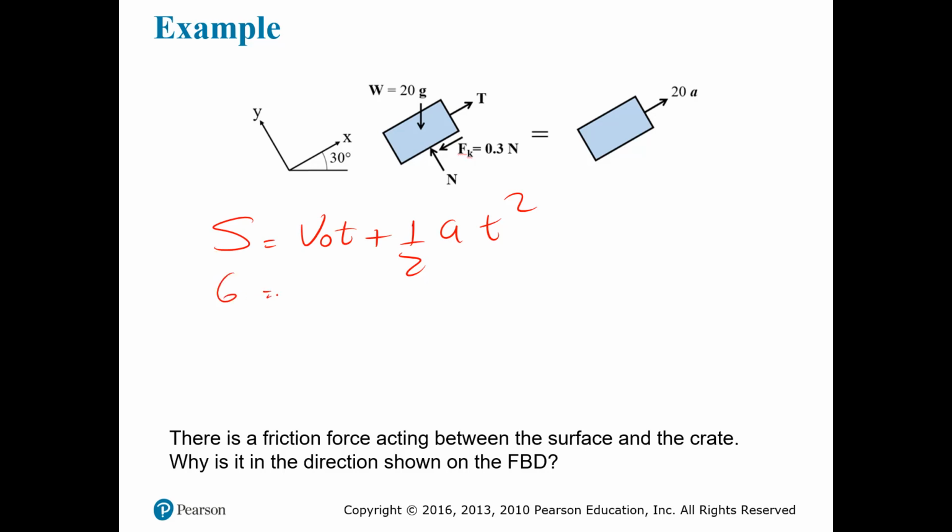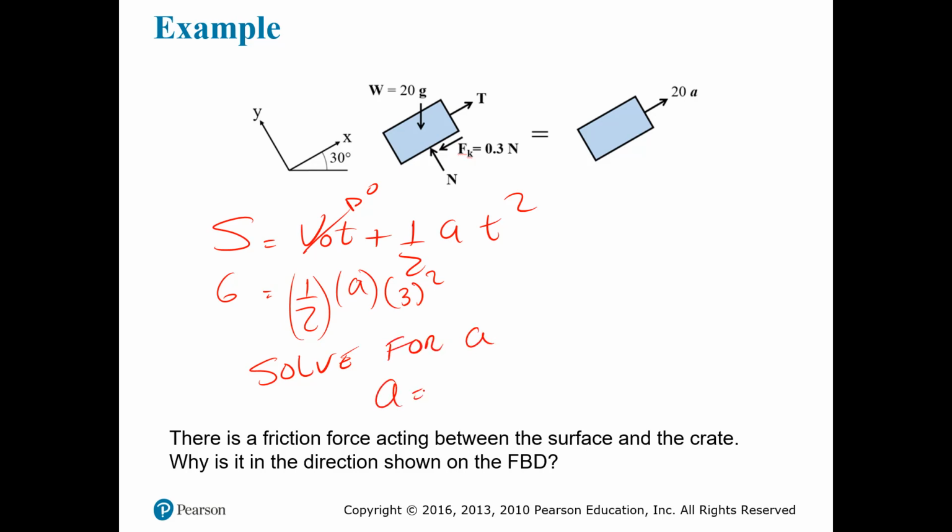So this is 6 equals, v0 is 0, and this is 1/2 of acceleration multiplied by t squared. Solving for acceleration, you get that acceleration is equal to 1.333 meters per second squared.